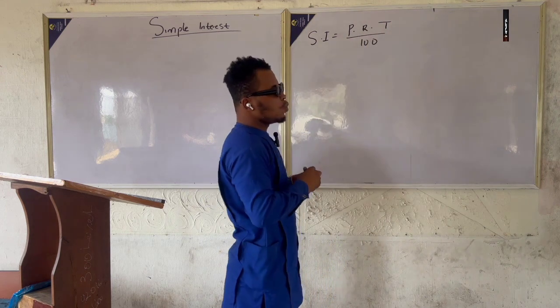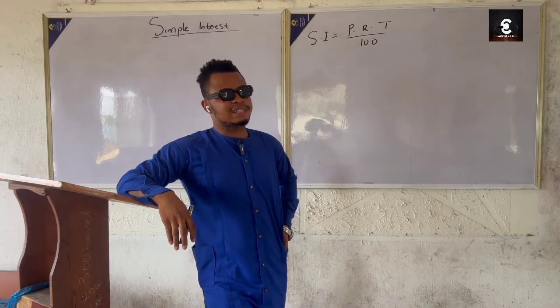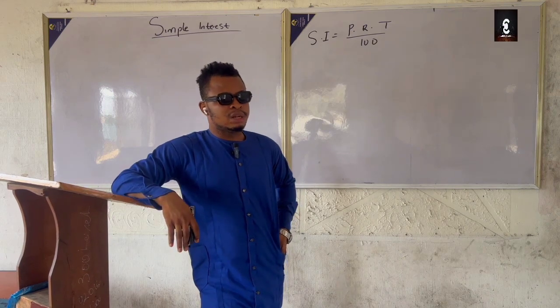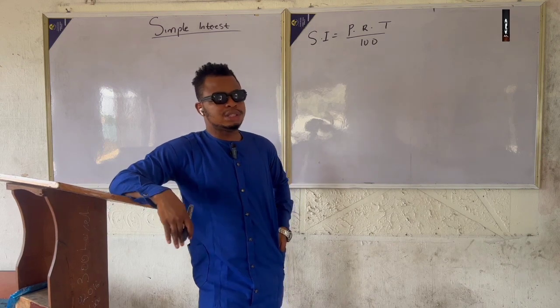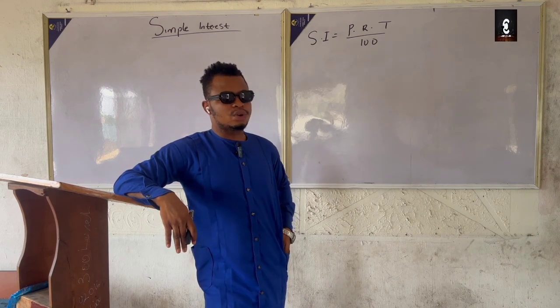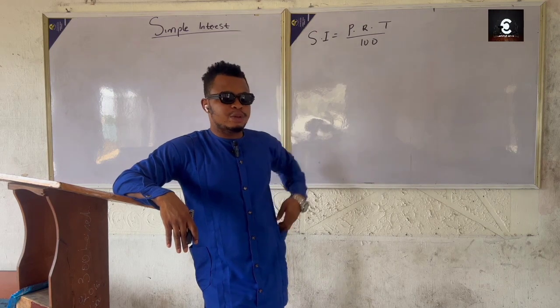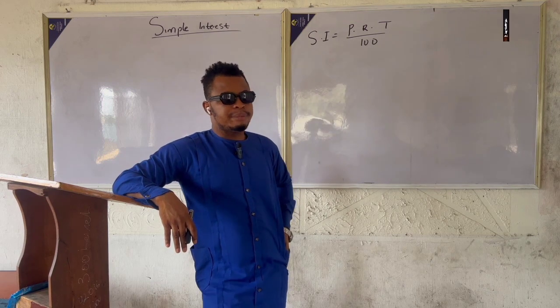What is the principal? Simple: the principal is the amount you are asking me to borrow. If I want to borrow 10,000, the principal is 10,000. If you're borrowing 10,000 from me, what will you be adding to it? That is the rate of interest, the cost of capital. Then, over how many years are you paying? That is the time period.